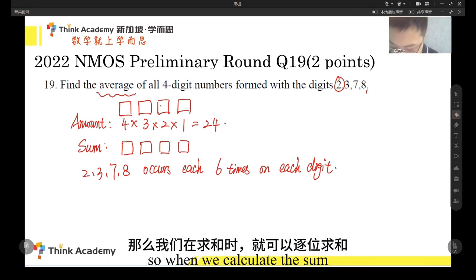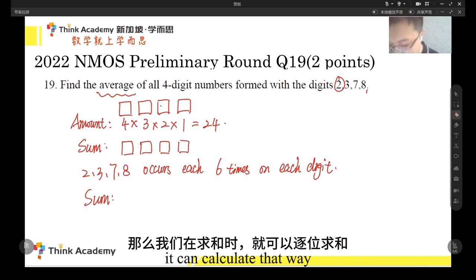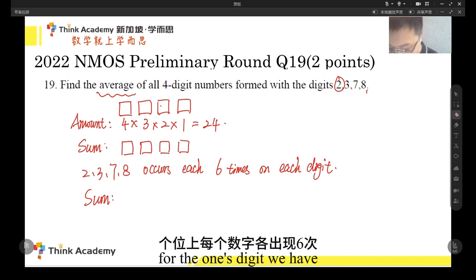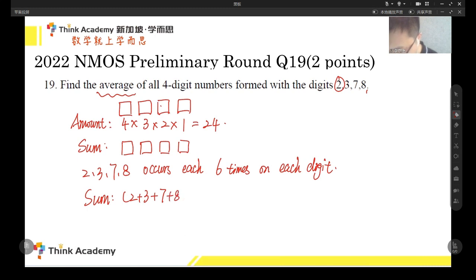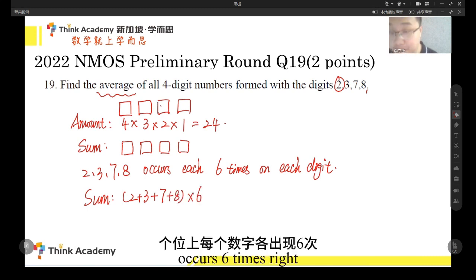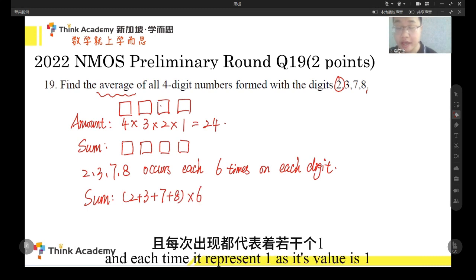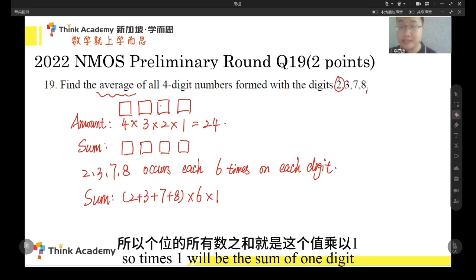So when we calculate its sum, we can calculate it that way. For the ones digit, we have these 4 numbers, each occurring 6 times, right? And each time it represents 1 each. Its value is 1. So times 1 will be the sum of the ones digit.